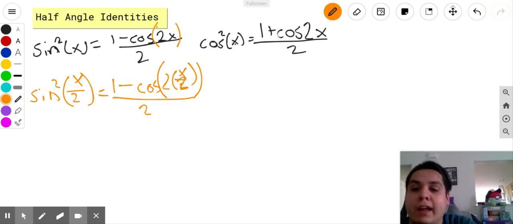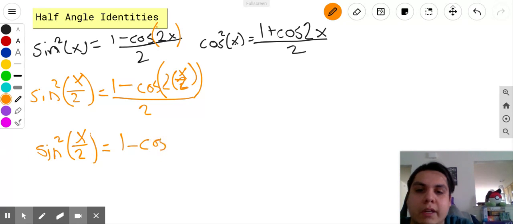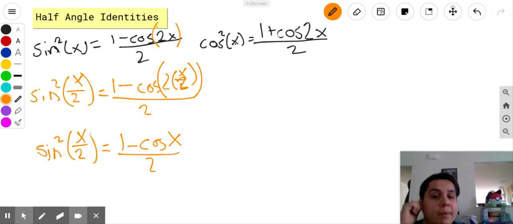So I could say that I currently have sine squared of x divided by 2 should equal 1 minus cosine of x, divided by 2. Since my goal is to find the half angle identities, I need to undo that square that the sine on the left currently has.